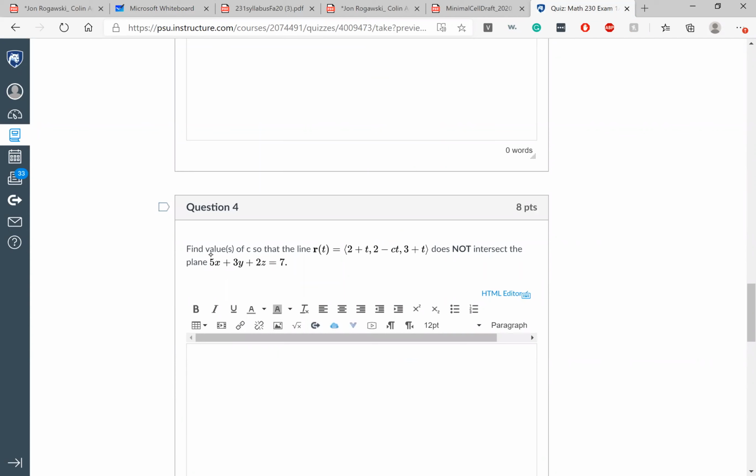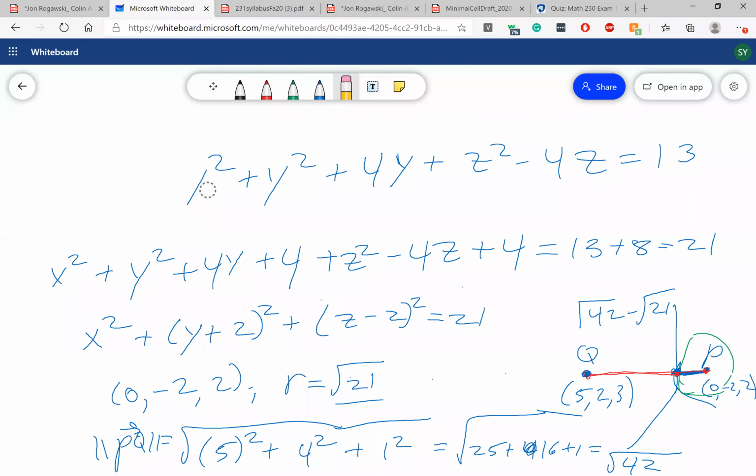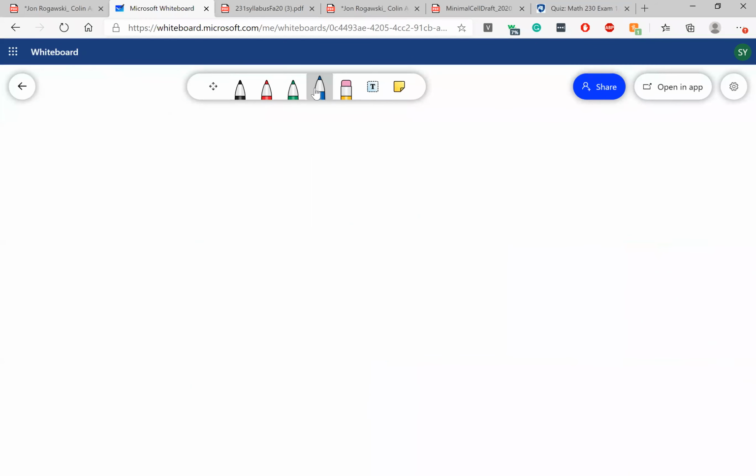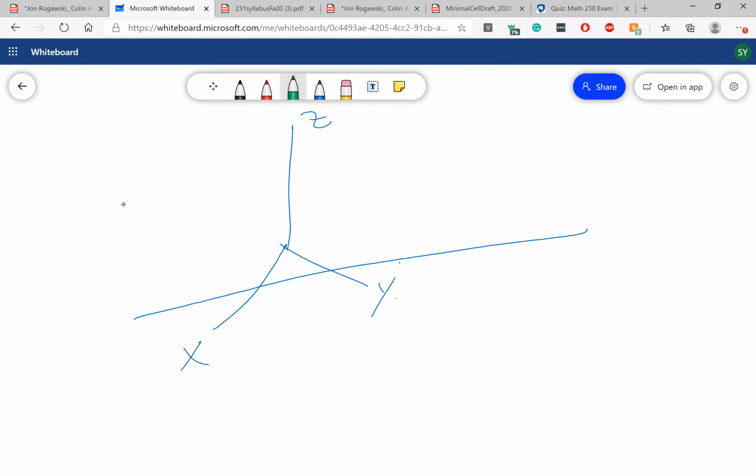So the next question: they ask to find the values of c so that this line does not intersect with this plane. So let's first go to X, Y, and Z. Let's say you have a line here and we have a plane and we do not want them to intersect.